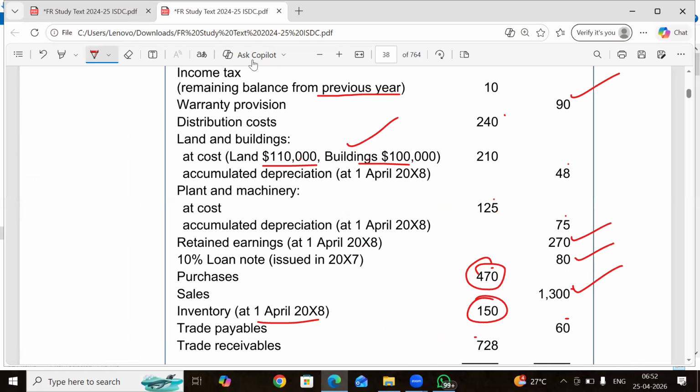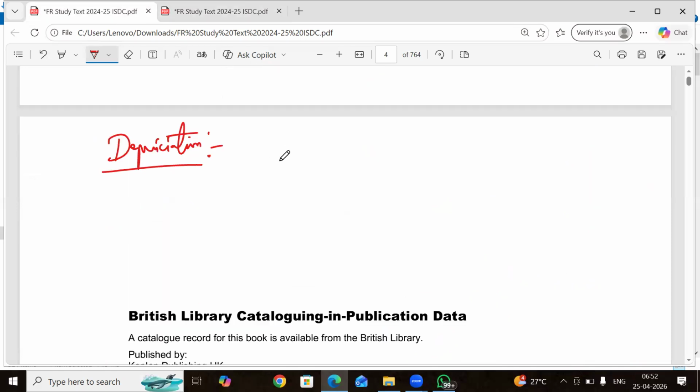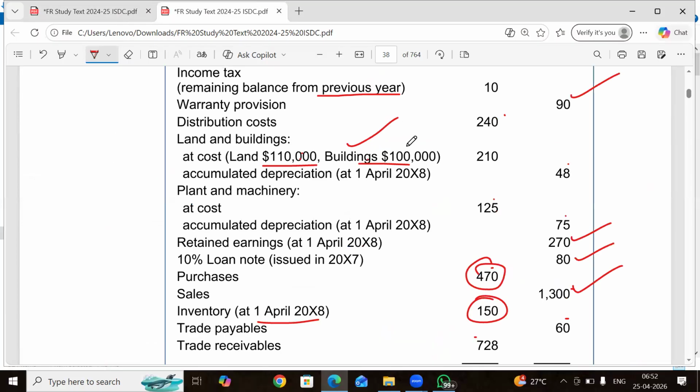Land, buildings, plant and machinery. What is their cost? 110, 1 lakh, and 1 lakh 20.